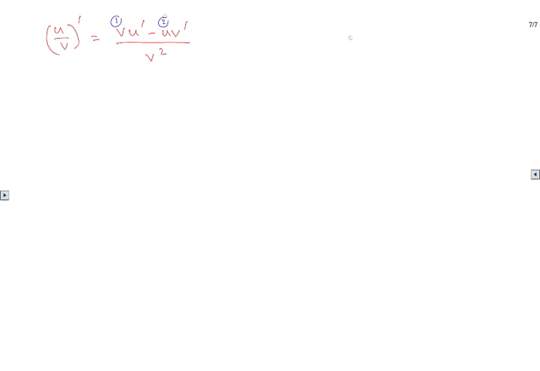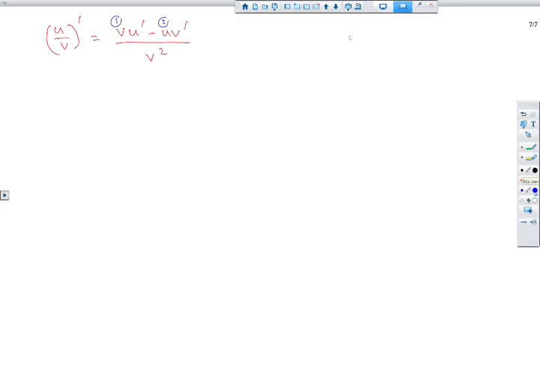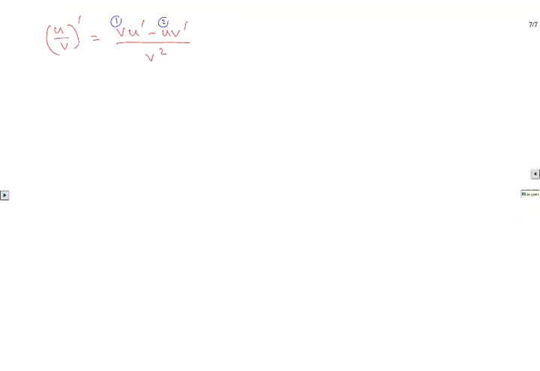So let's do an example from that. Example number 3. Let's say s is equal to square root t over 1 plus square root t. This is a good one, so you can see this u function, the v function.